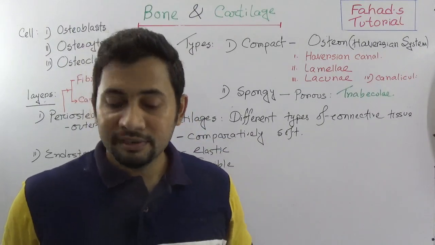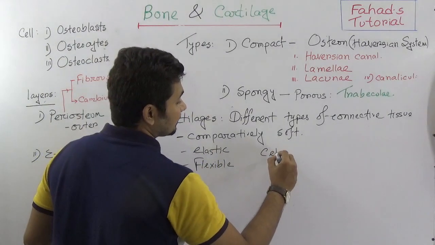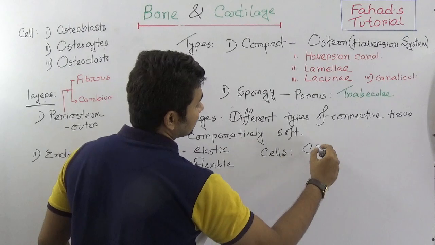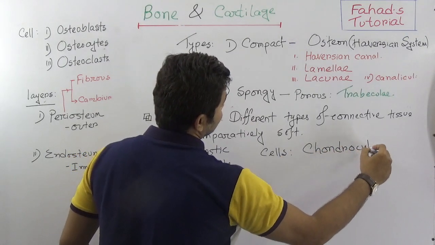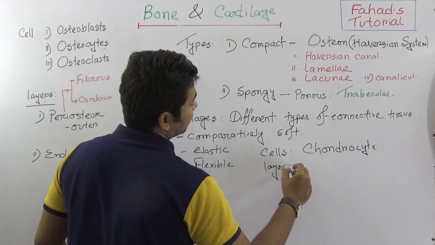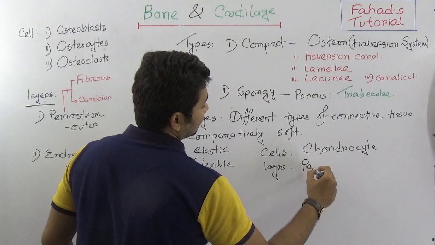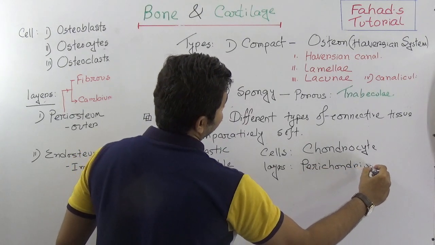It has no nerve endings, and the cells of cartilage are known as chondrocytes. The covering layer of cartilage is known as perichondrium.